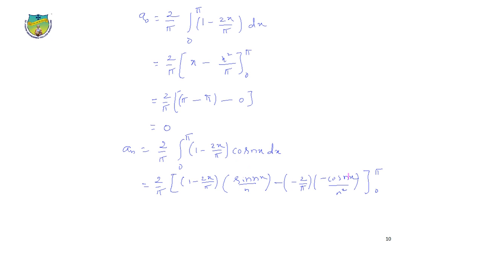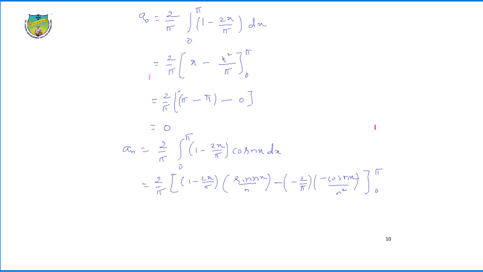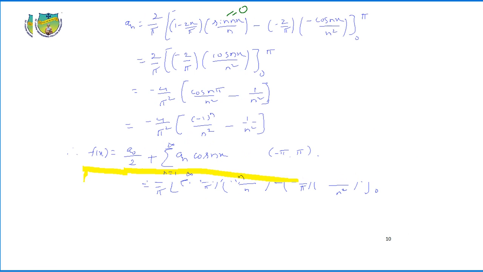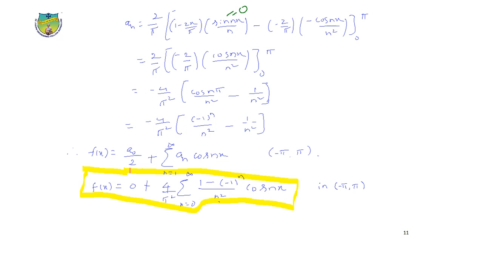Integral of sin is minus cos. So we get an to be minus 4 by pi square times ((-1)^n by n square minus 1 by n square). And since bn is 0, the function expansion is a0 by 2 plus summation an cos nx. But here a0 is also 0. So we have f of x as 4 by pi square summation of (1 minus (-1)^n) by n square into cos nx in the interval minus pi to pi.